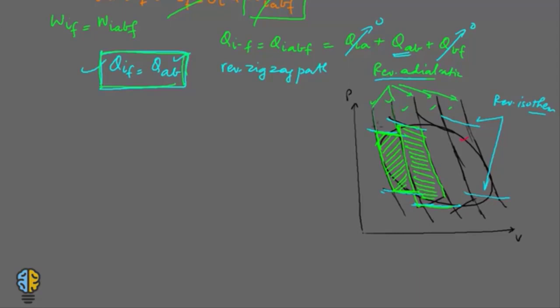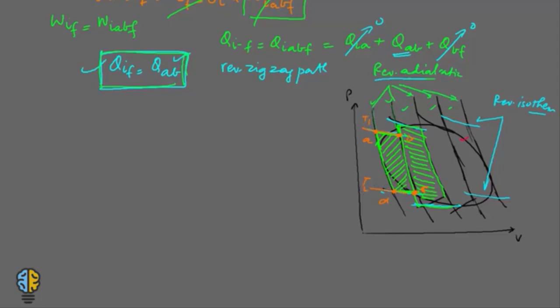Now let's number these points. Let us say this point is A, this point is B, this point is C, and this point is D. Now this isotherm is at temperature T1, and the bottom isotherm is at temperature T2.